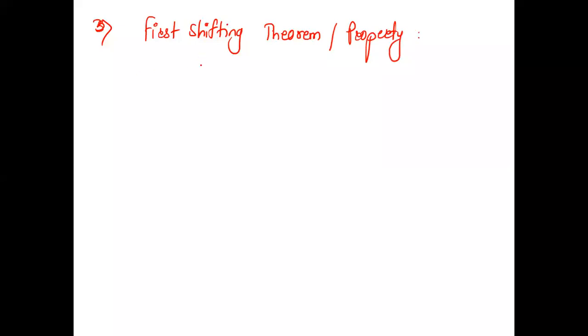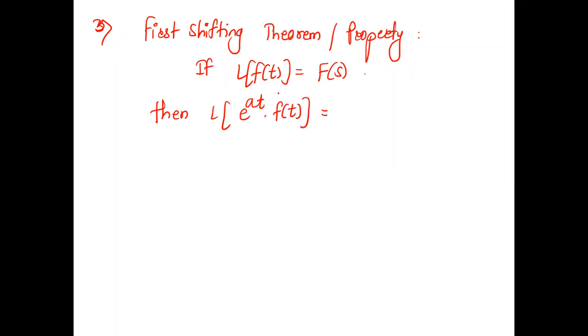So the statement says, if Laplace of f of t is f of s, then Laplace of e raised to at into f of t, if your function is multiplied by e raised to at, then whatever is this f of s, that will be f of s minus a.